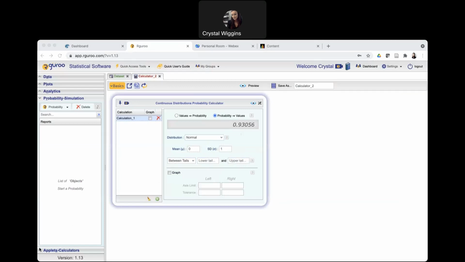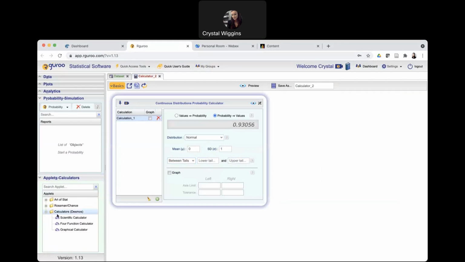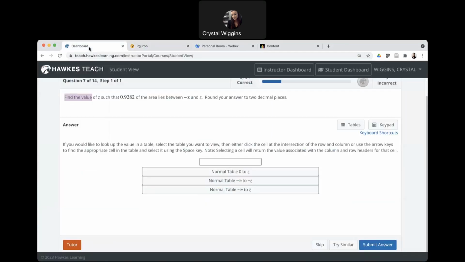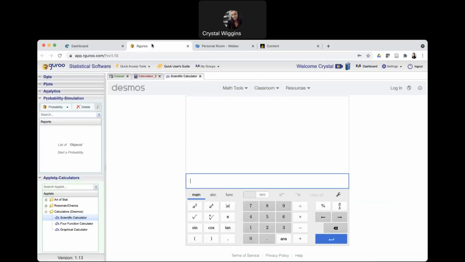So let me open up the calculator so I can talk you through the math. I'm opening up the Desmos calculator that's right inside of Rguroo. Let me see what that area was in the middle. Our area in the middle is 0.9282. Recall that the total area under the curve is 1 because all probability distributions add to 1.